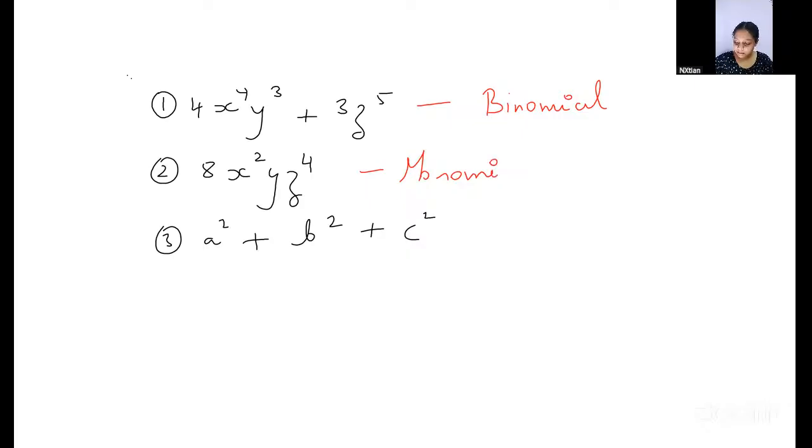Yes, Emma, what will be the last one? Last one, only one term is there. And what will it be called? Having one term. When you have a single term, will it be a monomial, binomial, or trinomial?